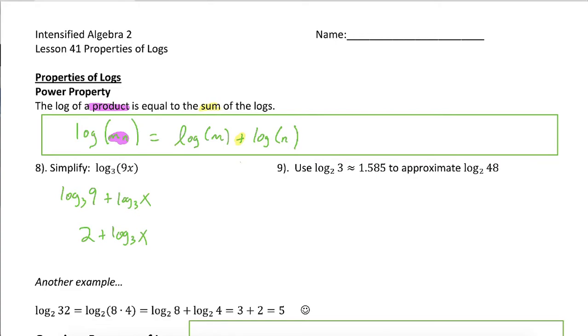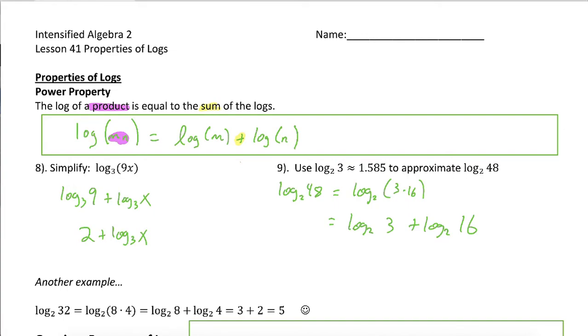So if we take log base 2 of 48, and we can break it down into its pieces, well, 48 is the same thing as 3 times 16. So I can rewrite this as log base 2 of 3 plus log base 2 of 16.